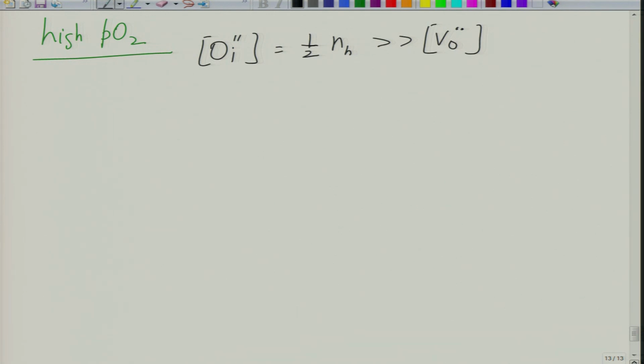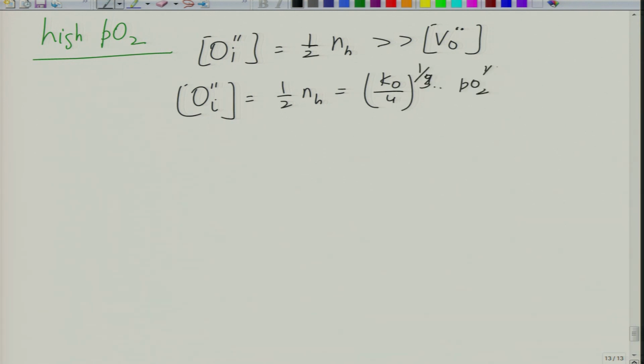The expression for OI we know, which is equal to half NH. This is equal to KO divided by 4 to the power 1 by 3 into PO to the power 1 over 6. So, we know that VO is equal to KF divided by OI.